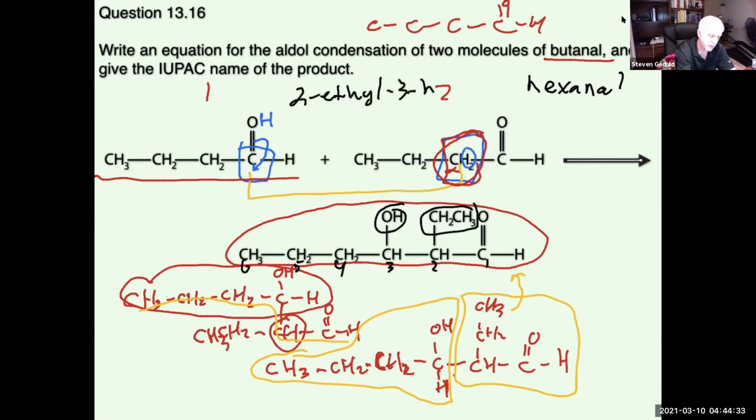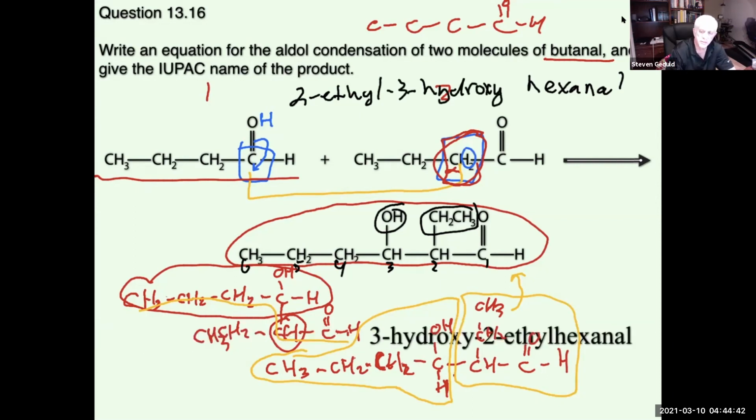I put it backwards here. Either way works: 3-hydroxy-2-ethylhexanal, or 2-ethyl-3-hydroxyhexanal in alphabetical order. That's the IUPAC name for it.